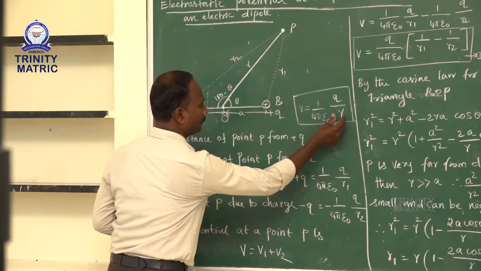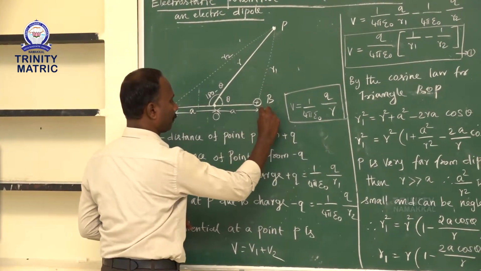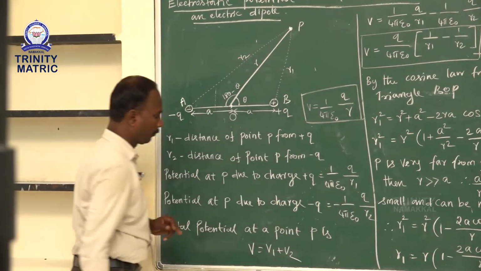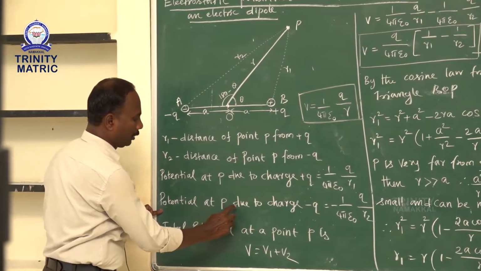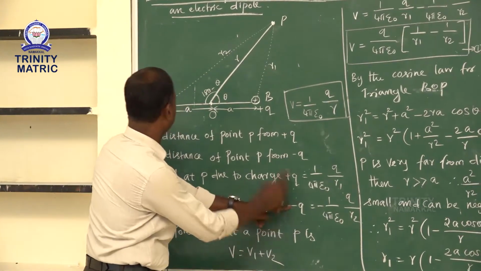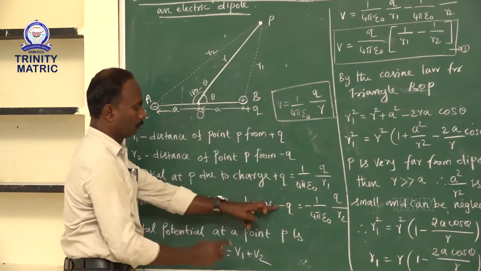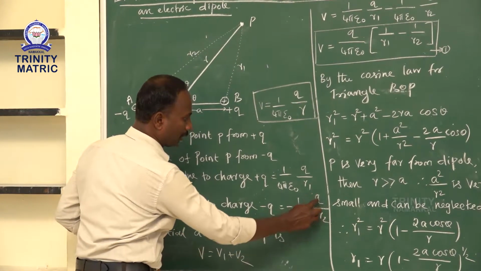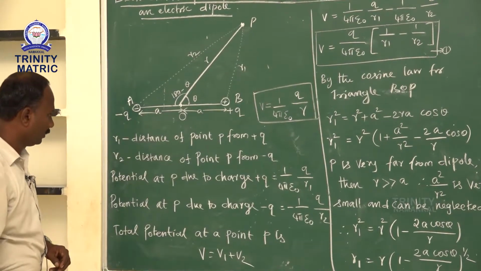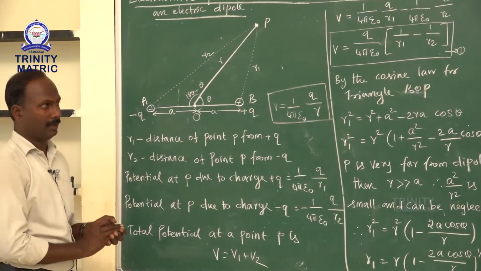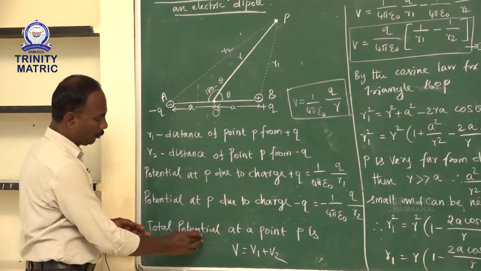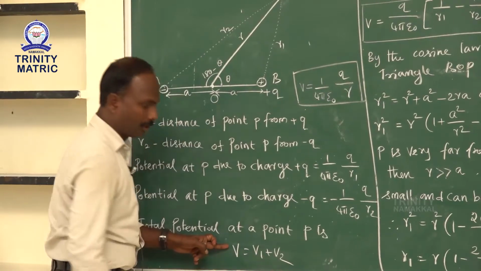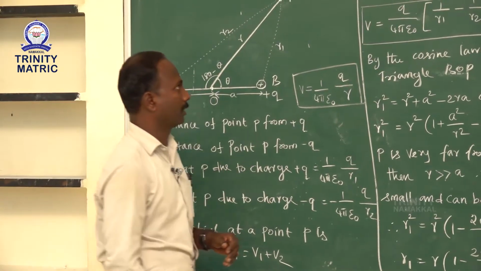Here the distance from plus Q to P is R1. So V1 is 1 by 4 pi epsilon naught Q by R1. The potential at point P due to the charge minus Q, with distance R2, is minus 1 by 4 pi epsilon naught Q by R2. Now we want to calculate the total potential at point P. The total potential is V is equal to V1 plus V2, just adding the two expressions.